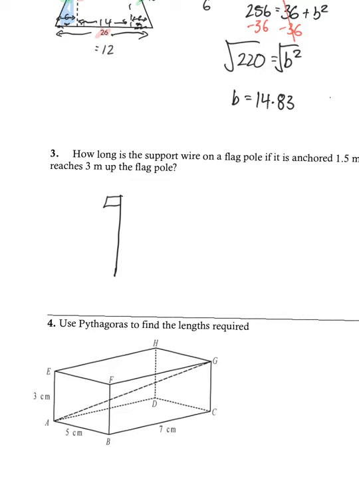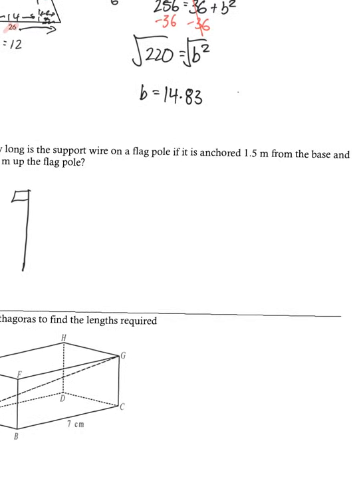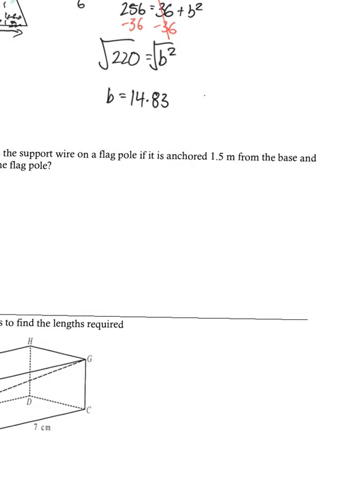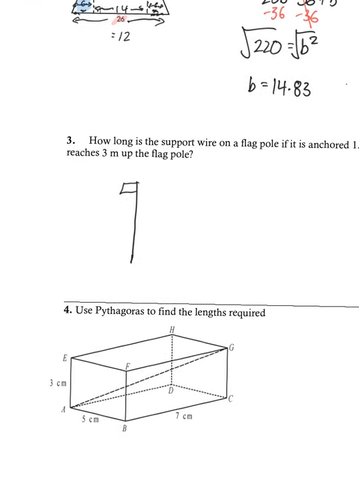It is anchored 1.5 meters from the base and reaches 3 meters up the flagpole. So this is the support wire here. This is the flagpole on the left. I'll draw a flag. And this is the wire.